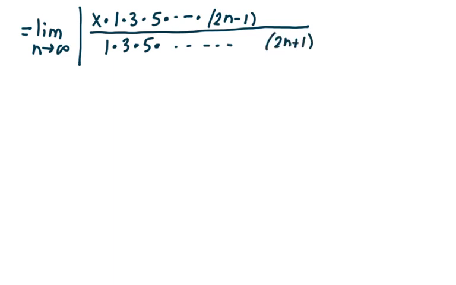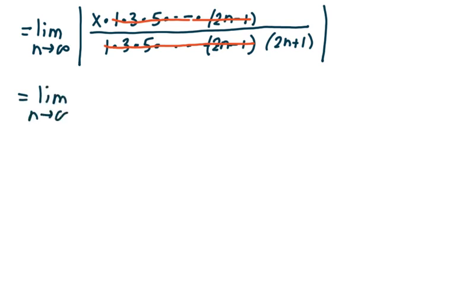What I'm saying is put in the factor that comes right before 2n plus 1. And the one that comes right before 2n plus 1 is 2n minus 1 if we follow the pattern. But look what happens. These factors will kill off the factors down here. And what we have is the limit as n goes to infinity of the absolute value of x divided by 2n plus 1.